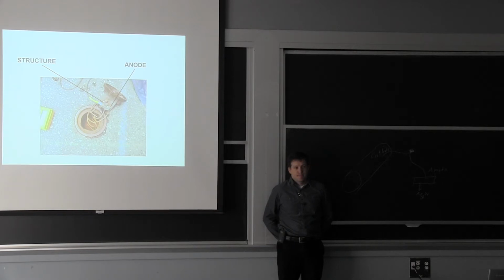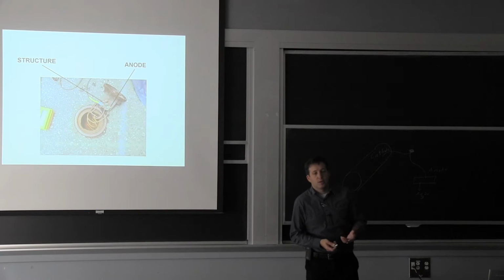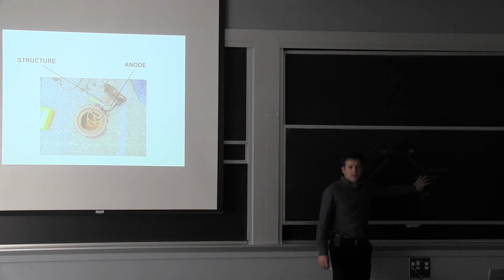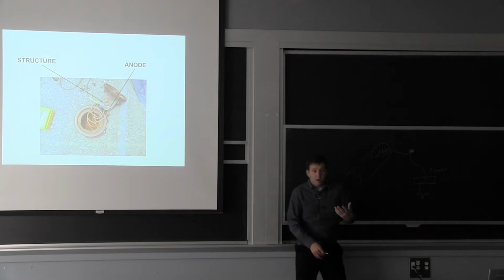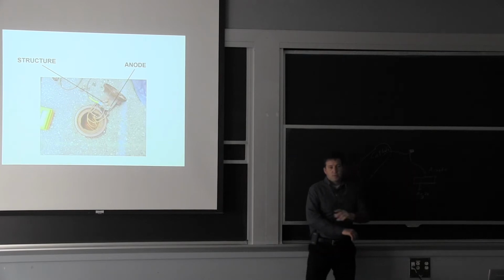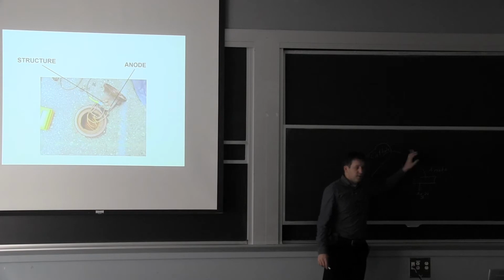Yes? Can you also create a potential with a power source and then just keep making it so your anode doesn't go away? Exactly. So that's a system with a rectifier where you still need an anode underground and you try to use a more permanent anode, carbon for example, and it's over here that you set the potential difference between the two. So it becomes the same. You just put in line the rectifier.